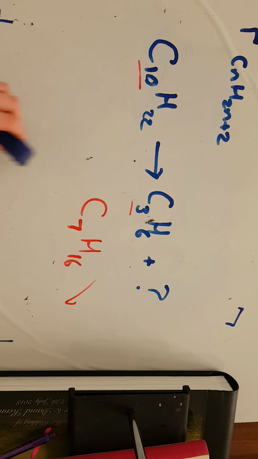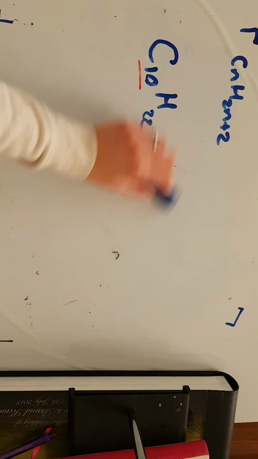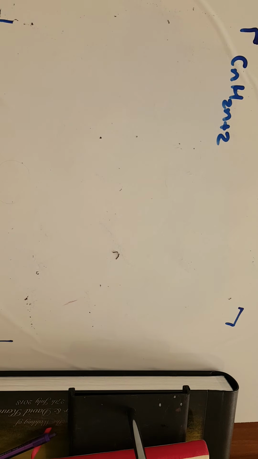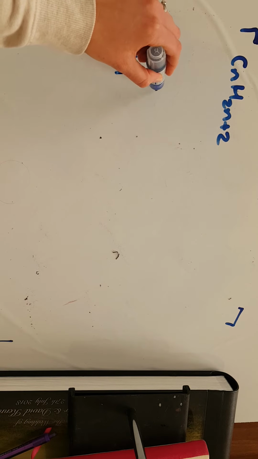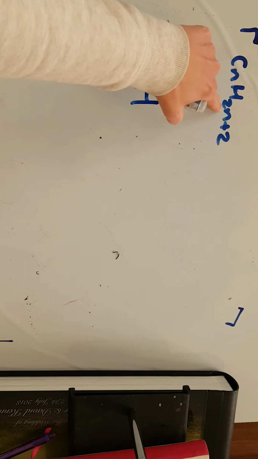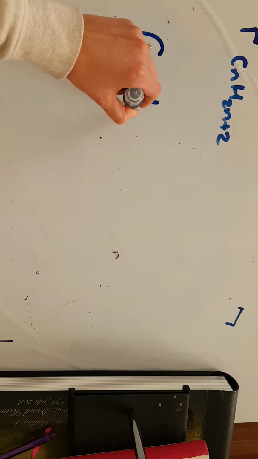Okay, I'm going to just do one more example. Let's go for nonane this time, so let's go for C9H, again using the formula, 2 times 9 is 18 plus 2 is 20.